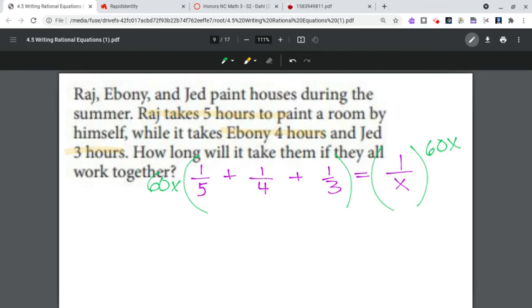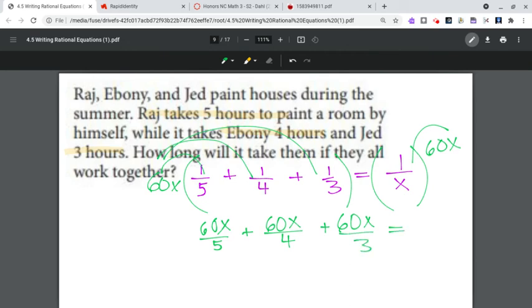Okay, remember I'm distributing here, here, and here, and on this side. 60x over 5 plus 60x over 4 plus 60x over 3 equals 60x over x. If you noticed in doing that, all of the denominators will cancel.